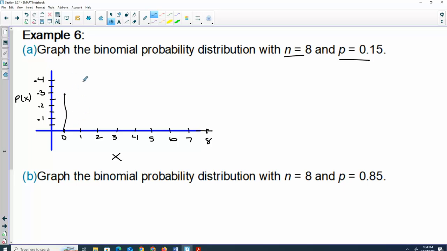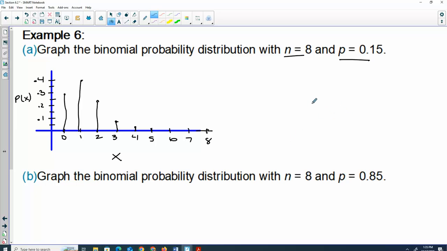At 1, it's 0.38. Two is 0.23. 4 is 0.01, and then it gets really small after that. 5, 6, and 7 I can't really hardly even graph.